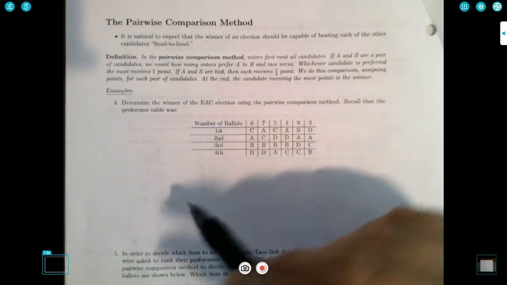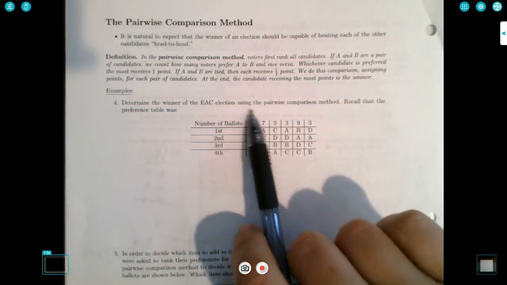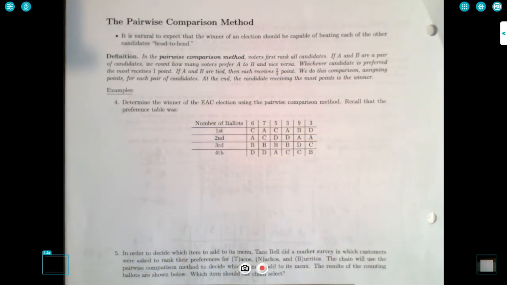So for example, let's determine the winner of the Environmental Action Committee election using the pairwise comparison method. Here was the preference table.